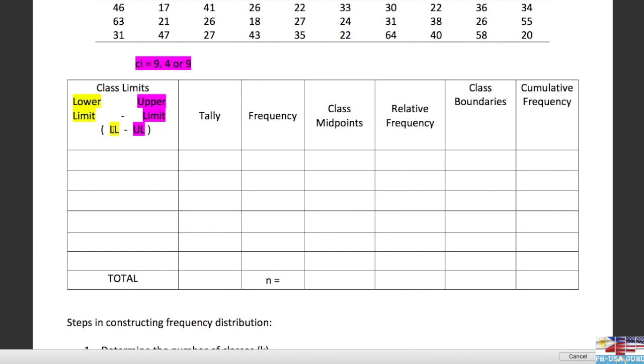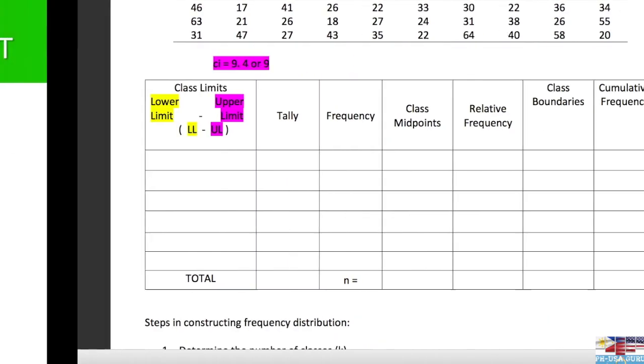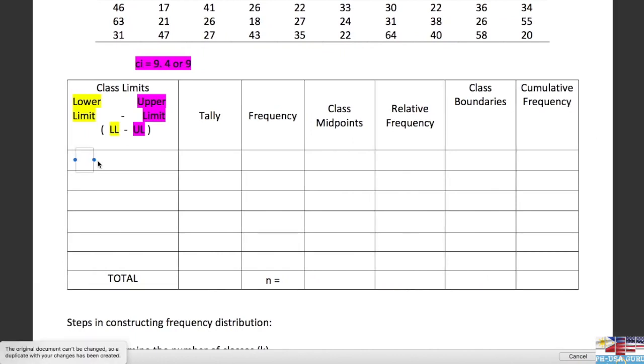Lower limit stands for LL, upper limit stands for UL. The first thing that we have to do according to the step is select a starting point. That starting point can be the smallest data value, and the smallest data value is 17. But we have to find the upper limit to that.